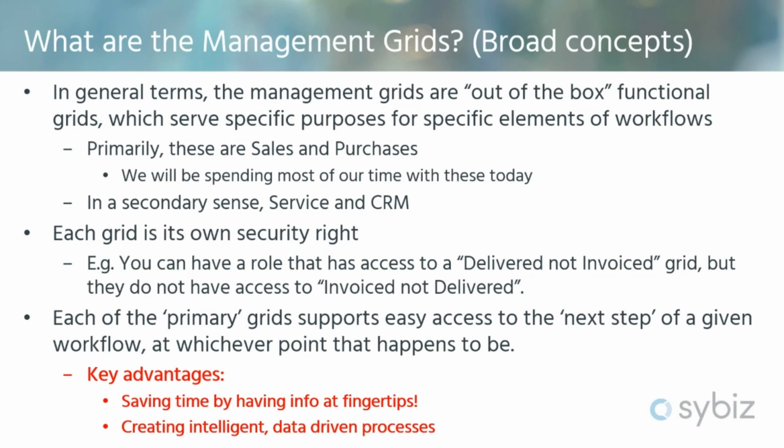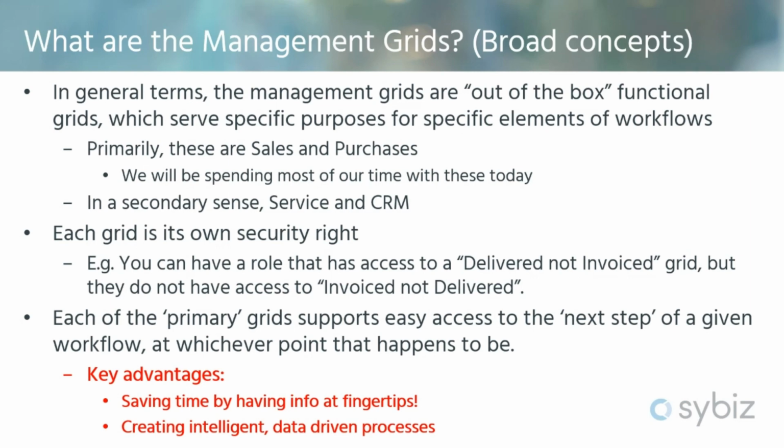Primarily these are going to be sales and purchases, and we're going to be spending most of our time there today. Service and CRM have a couple of them. These are implementing a step of a given workflow, whether that's the sales order workflow from order to pick to invoice to delivery, whatever the case may be.